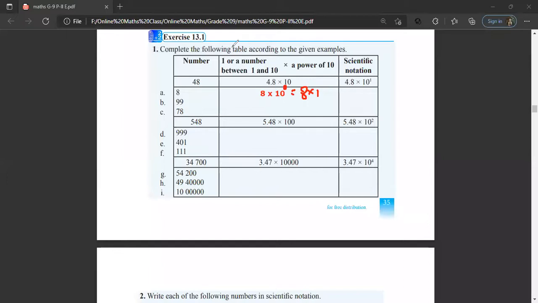Sandupama, Tishan, Oshadi. Here, this one. 5.42 into 10 to the power 4.